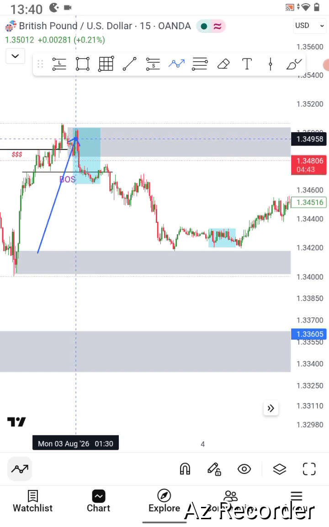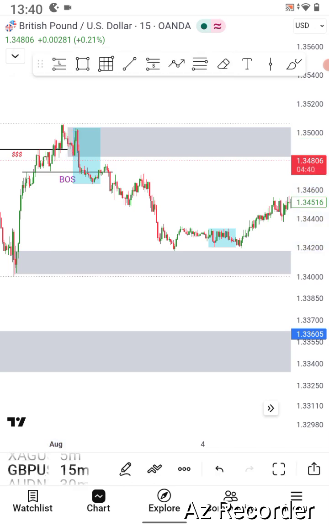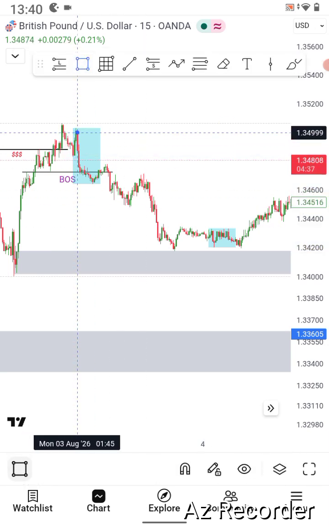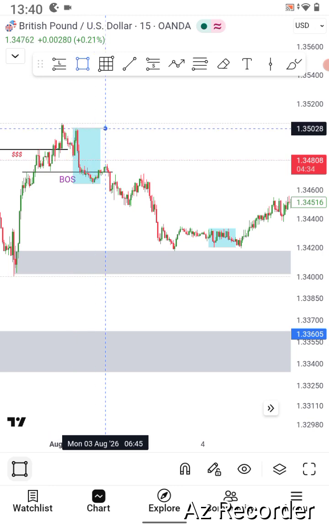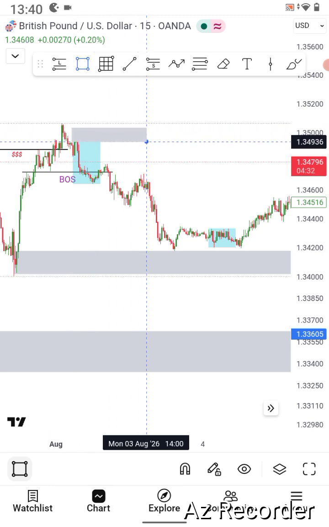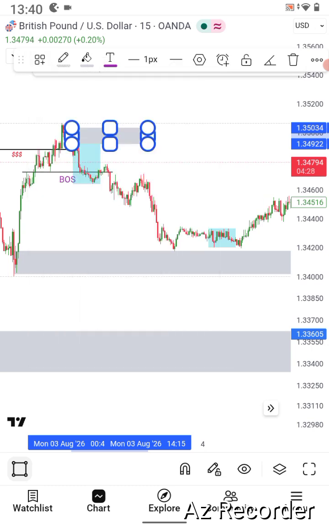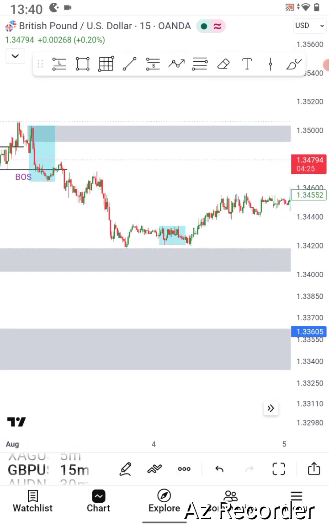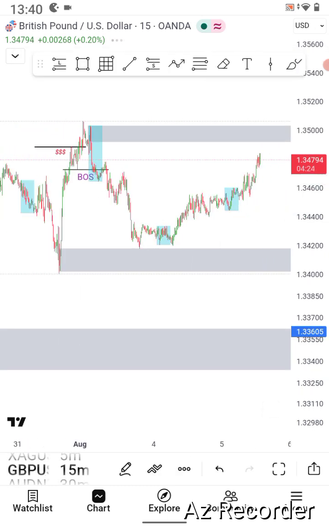So I'm refining to that order block. So I'll mark it like this. Let me extend it. So this is it. Okay, so you can see that the other block has not been mitigated.